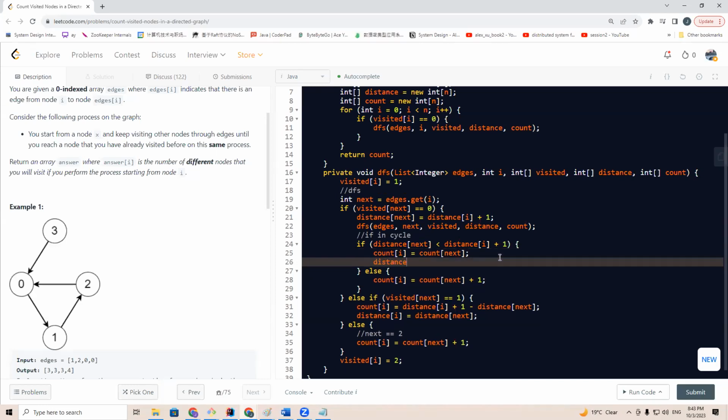Okay, for the one which is in the circle, we'll also have distance I equal distance next.